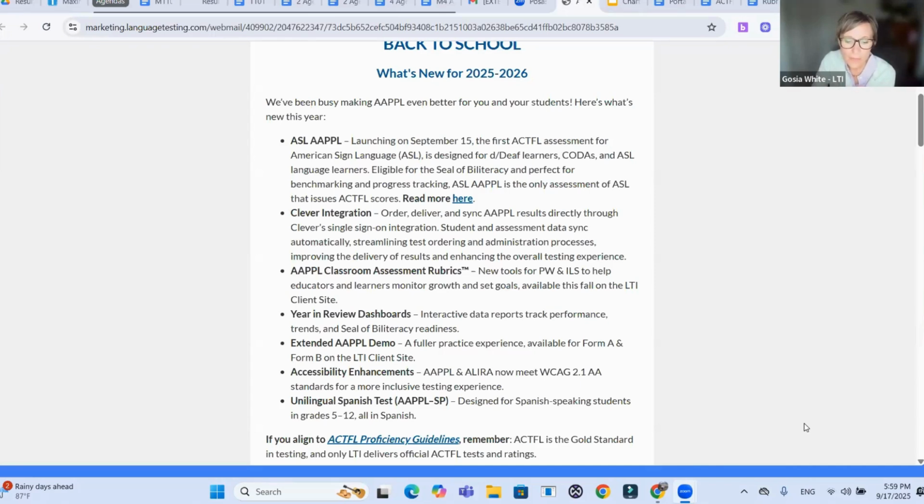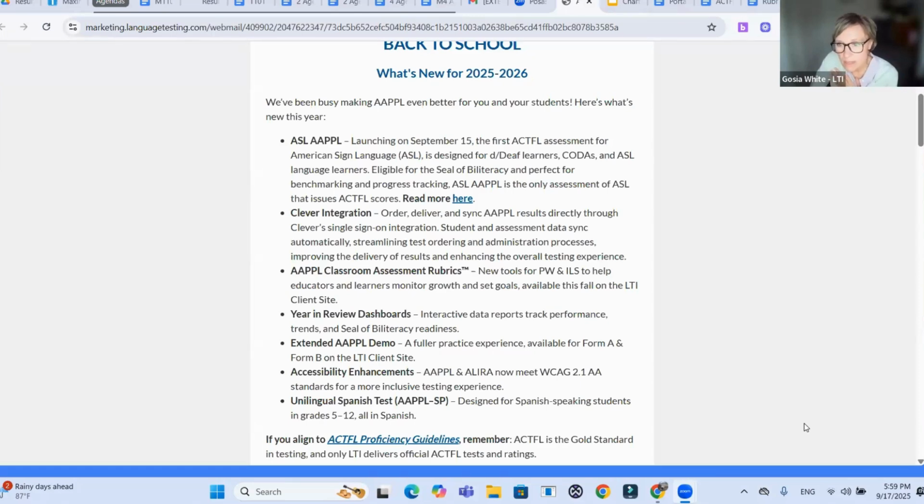But ACTFL provides a course to become the certified Apple rater, and once you get certified, then you work with LTI to rate the tests. Jen put a link to that in the chat, so if you're interested, bookmark that link.